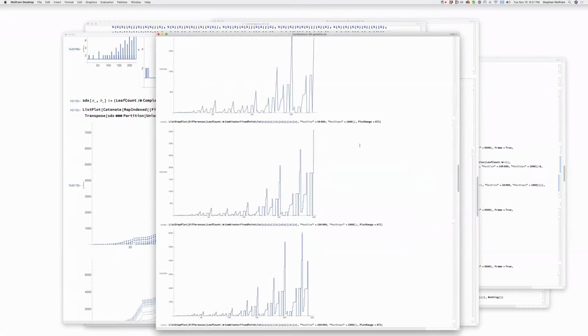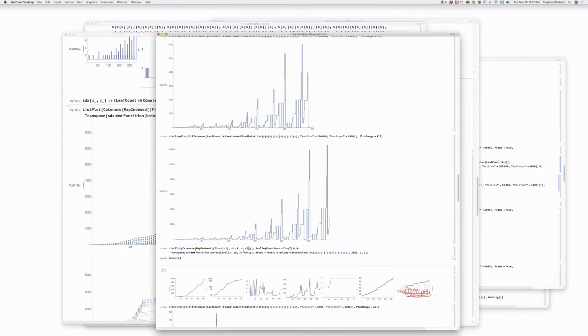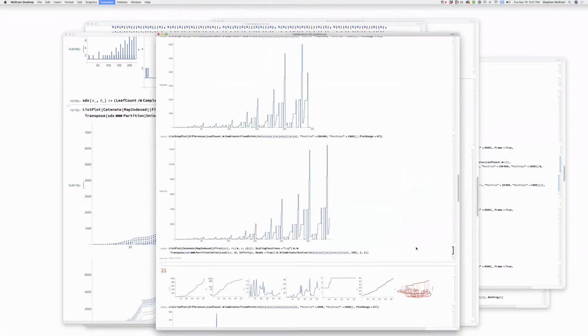I need to find that SDX thing. Oh, whoops, that was in Delta 2.